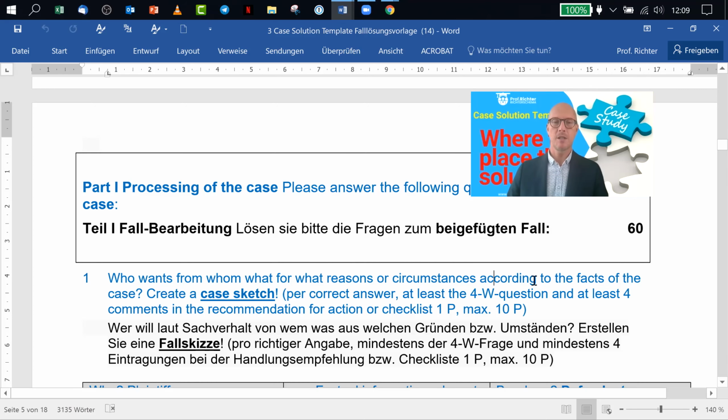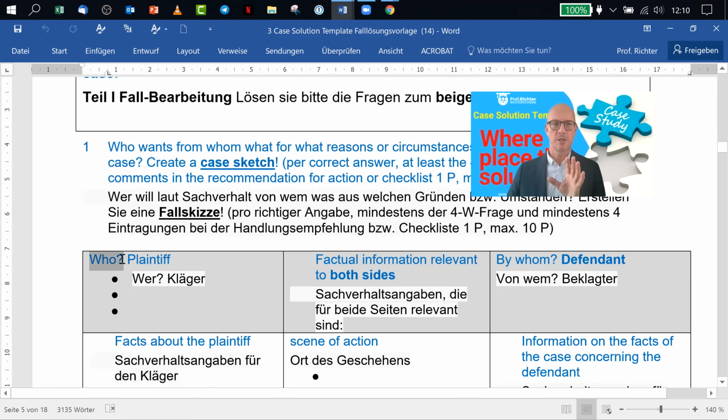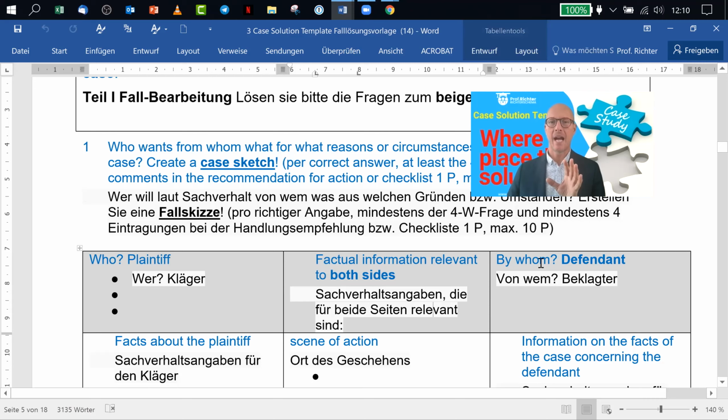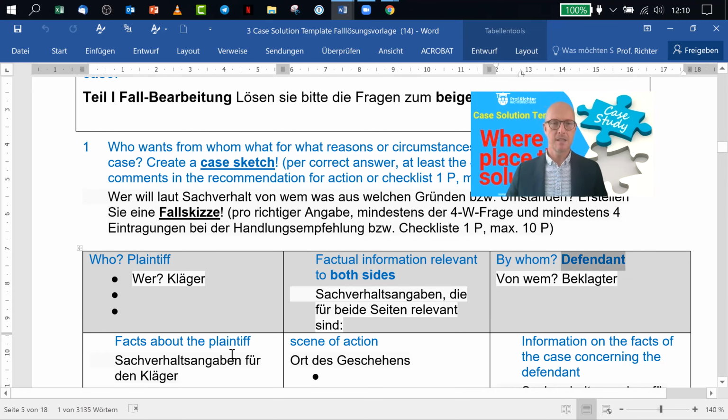So this is very important, and I'll give you always a little bit of a scheme. On the left side, you should say who wants something. In most cases, there's a plaintiff, and on the other side, from whom, so from the defendant, for example. You can see the columns.